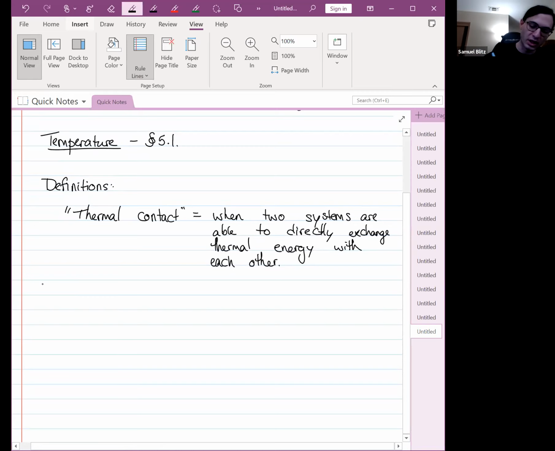And just because they are able to exchange thermal energy doesn't mean that they are exchanging thermal energy. So another definition that we need is thermal equilibrium. Two systems are in thermal equilibrium when two systems that are in thermal contact exchange zero net thermal energy.